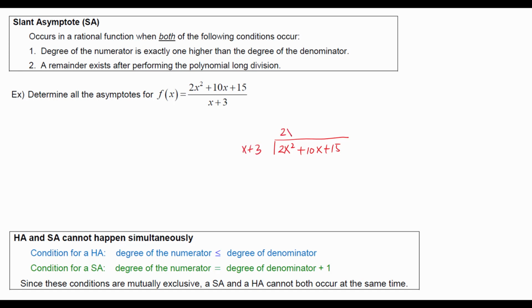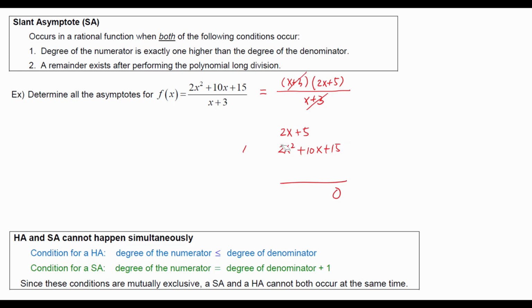Let's say it perfectly divides as 2x plus 5 and there was no remainder. That means this function could be factored as x plus 3 and quotient 2x plus 5 without any remainder. Then the x plus 3 would have canceled. So this function is just a line with a hole at x equals negative 3. So it will not have any slant asymptote since the graph is just a line with a hole in it.